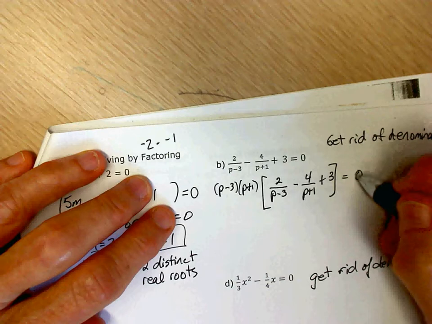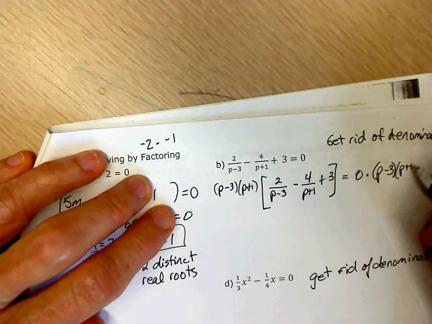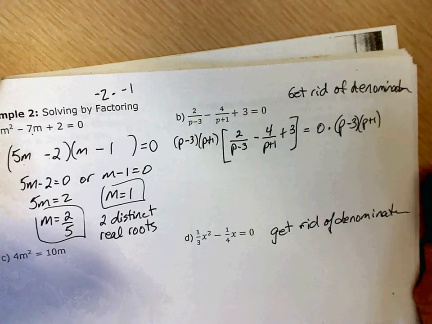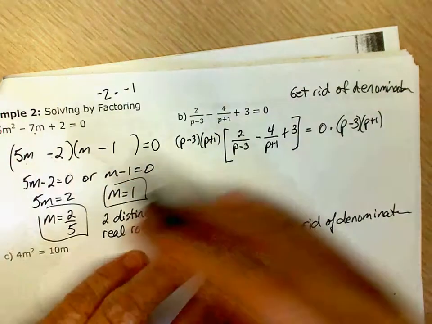What you do to one side, you have to do to the other. Okay? So right away we get rid of it. We're just wiping it out of the equation.